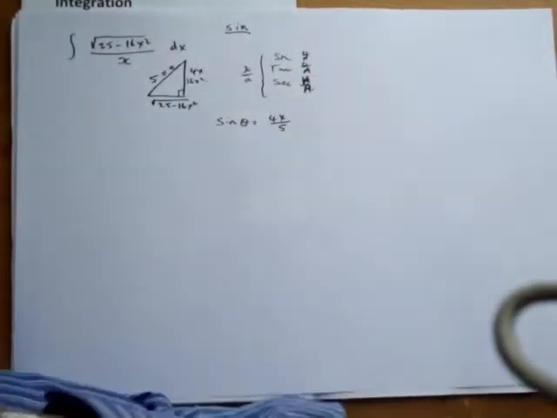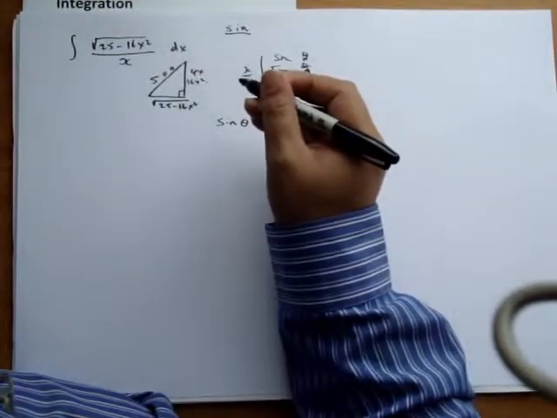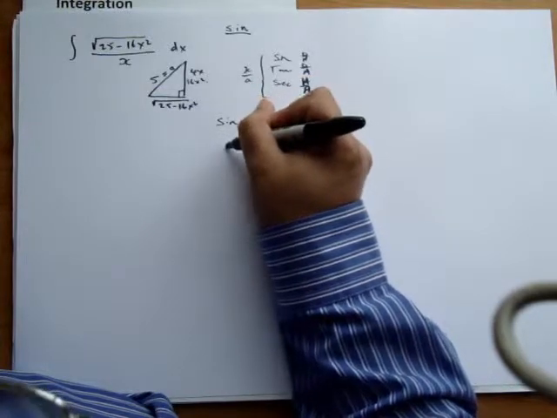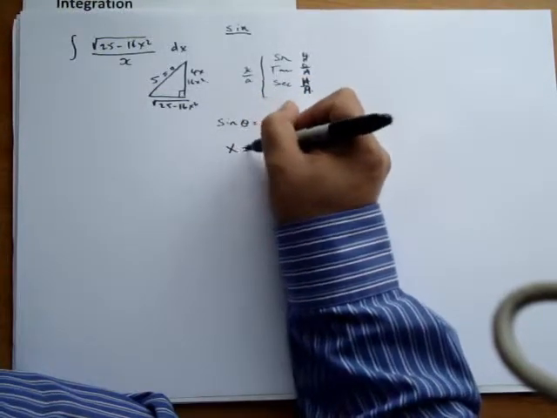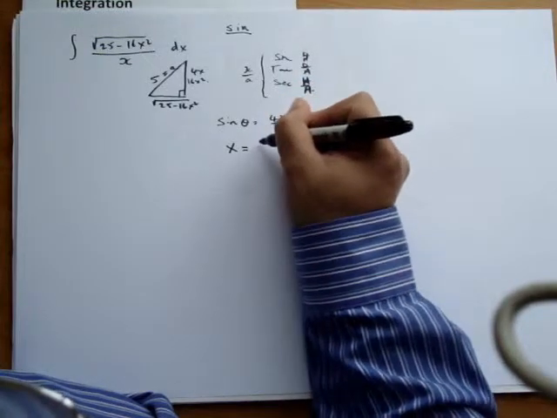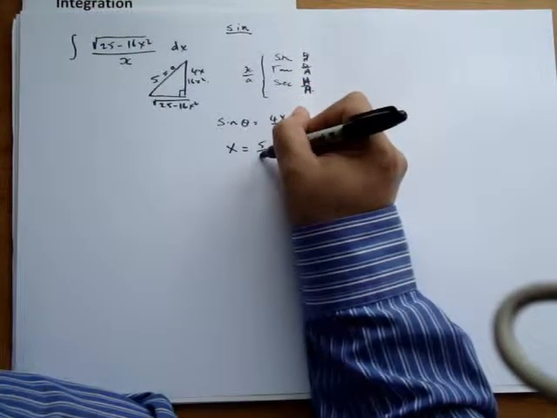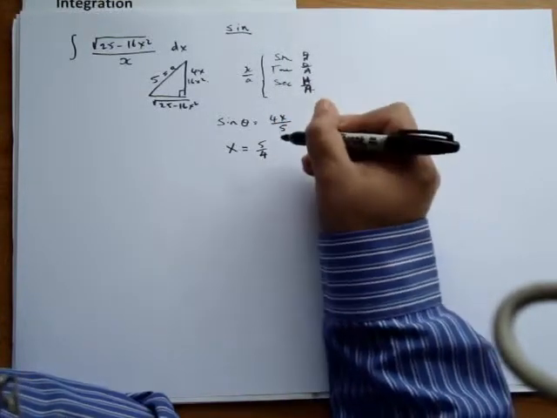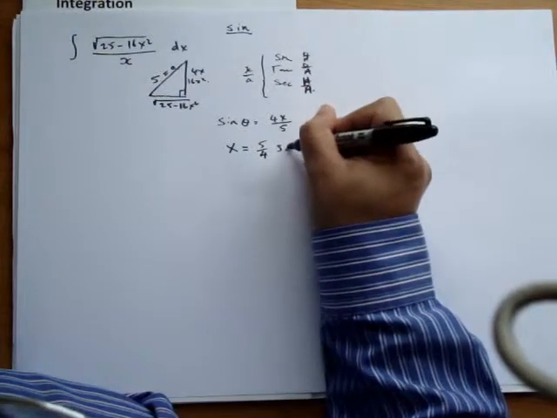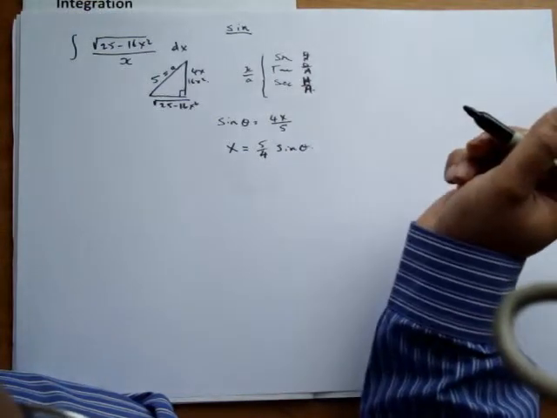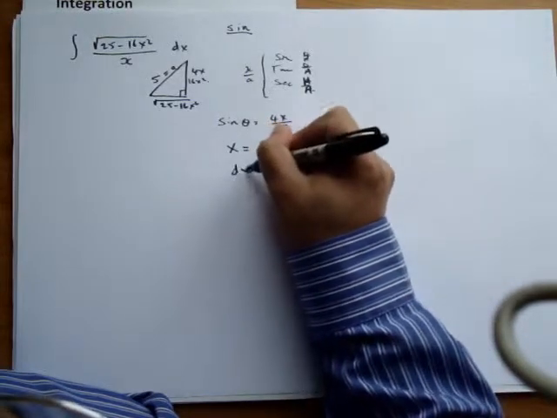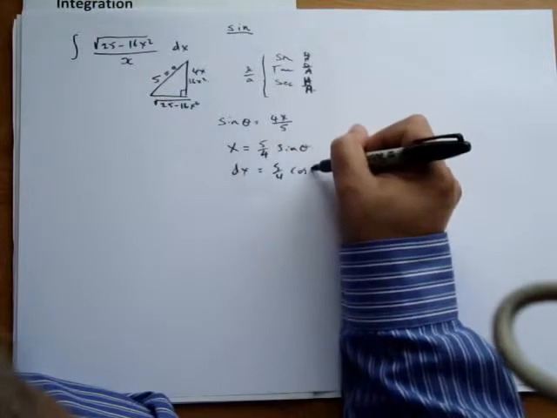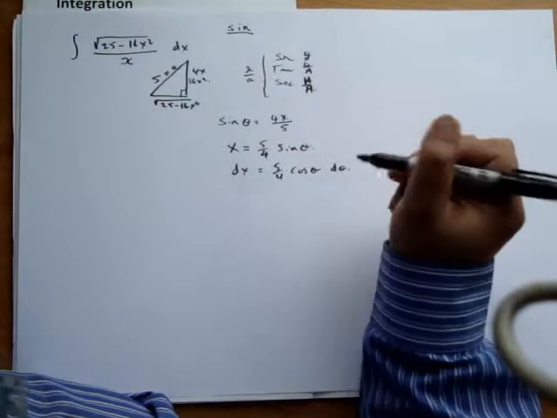So taking the 4 to the other side, we get x equals 5 over 4 sine theta, and then dx equals 5 over 4 cos theta d theta.